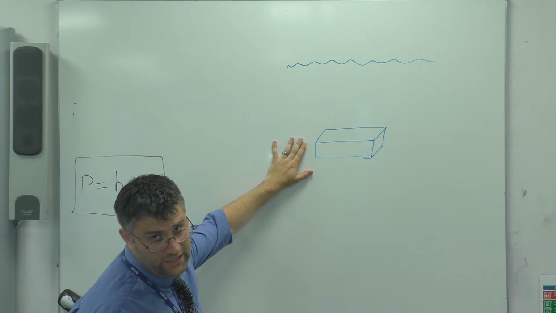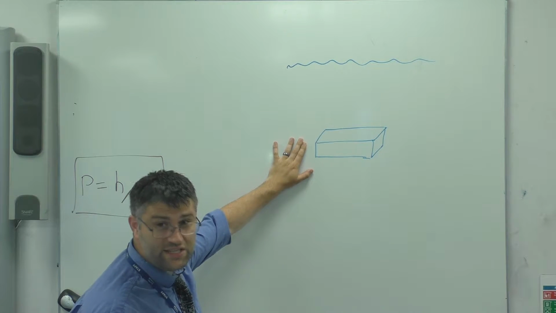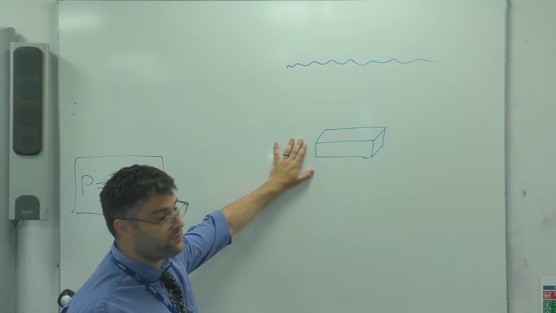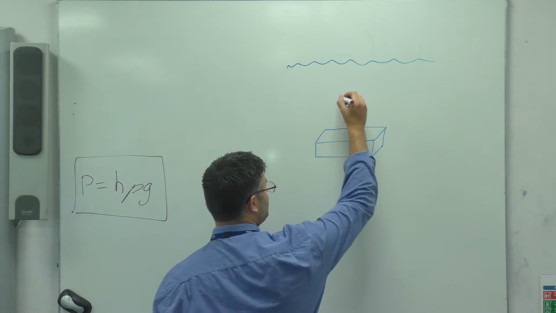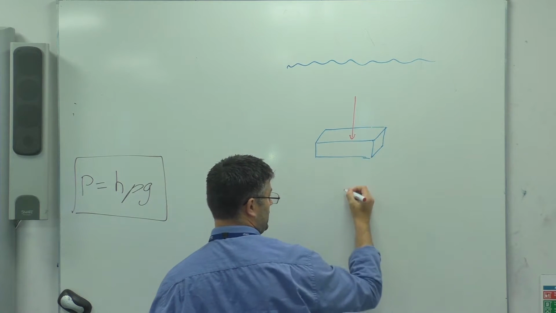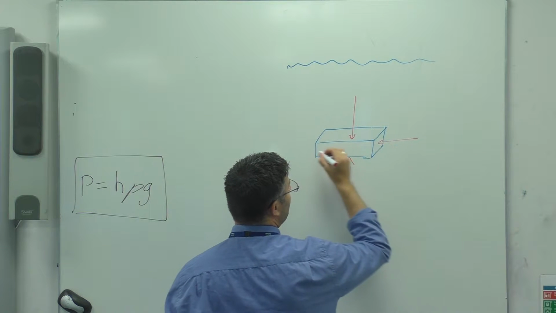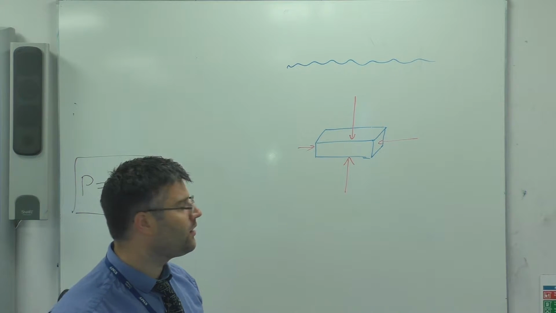Now, we agree that there are forces coming from everywhere on this. Pressure must be coming from everywhere to squish this block. So we've got a force downwards, a force upwards, and forces sideways as well, keeping it in position.